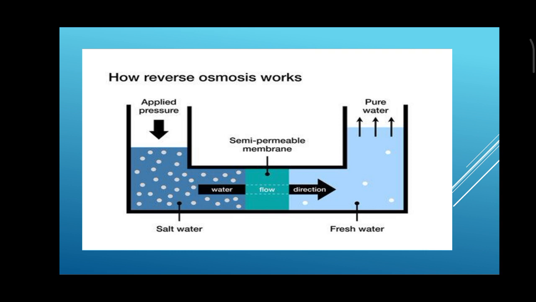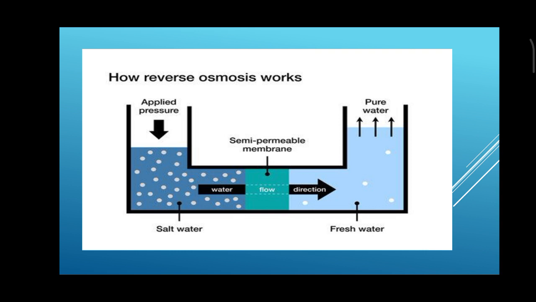But if we apply pressure on the solution area, as mentioned in this diagram, there will be movement of pure solvent particles from the solution area to the pure solvent side, that is here water. If we apply pressure on the left hand side, pure water will be collected on the right hand side as in the picture.